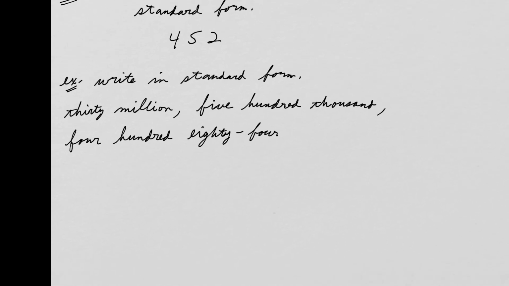So if I write this out in standard form, right, it would be 30, the period is millions, right, so comma, that's the first one. 500,000 would just be that, and then 484. So that would be the number in standard form.